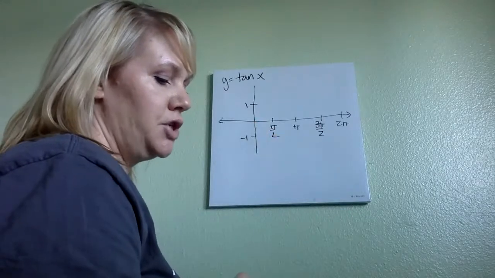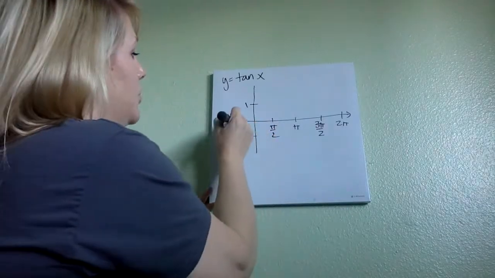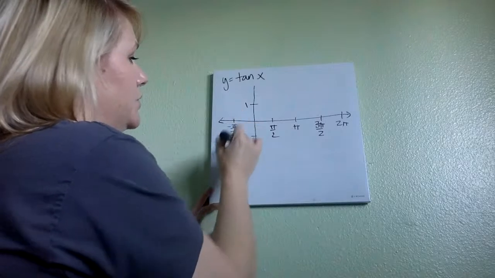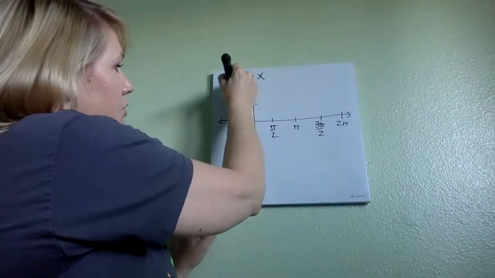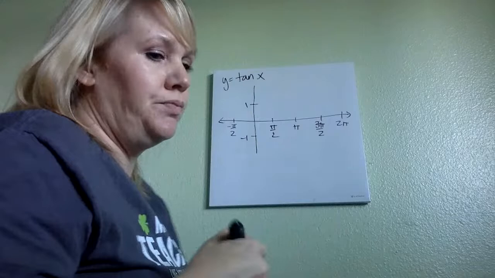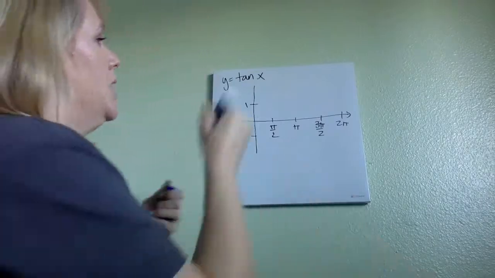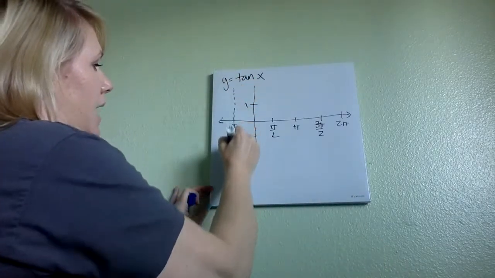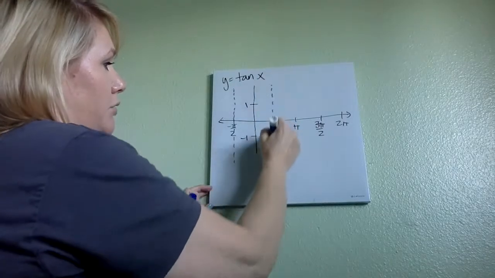The tangent function has asymptotes, and I'm going to actually put a negative pi over 2 over here because we need to use it. The tangent function has asymptotes at the half pi's. So I'll do it with blue so you can see it a little different. So every half pi is an asymptote for tangent.